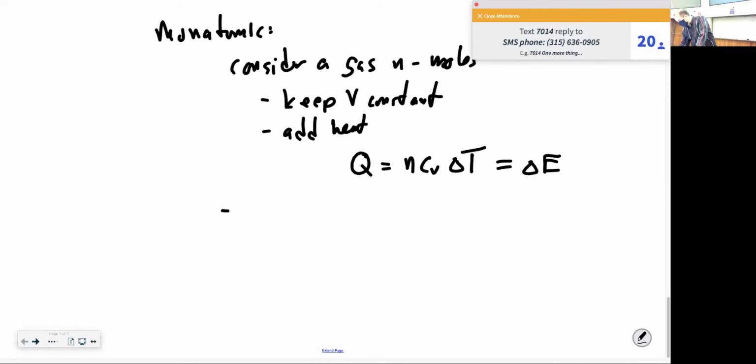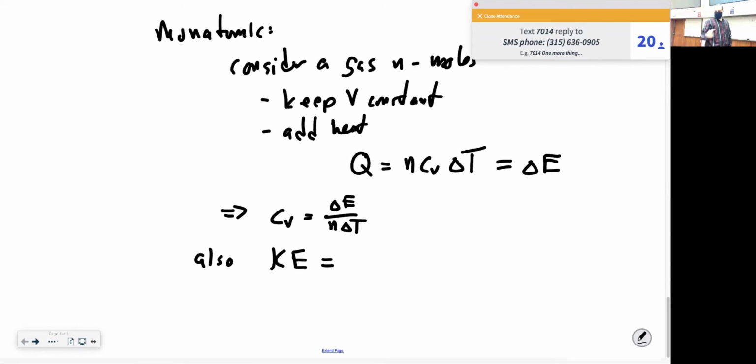We also know from above that CV equals delta E over n delta T. We also know from last Friday's class that the kinetic energy of the particles in the gas is equal to 3/2 nRT.